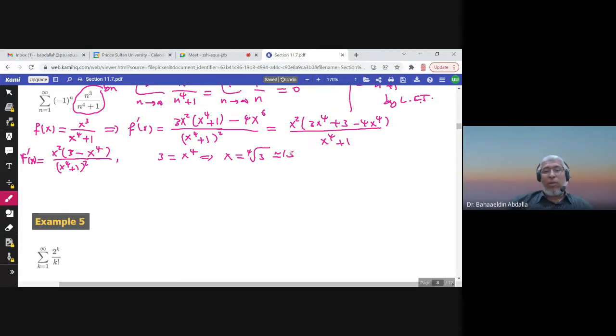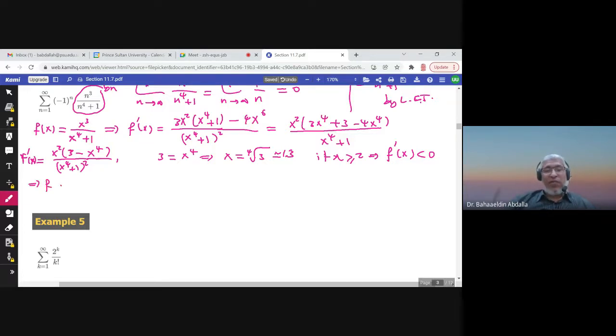So I can see that if x is greater than 1.3, let me say greater than or equal to 2, then f prime of x is negative. If you choose any number greater than 2, 3 for example, 2.1, f prime would be negative.